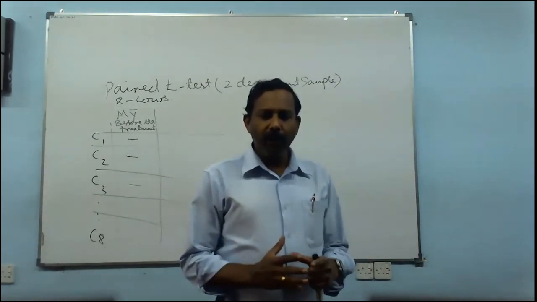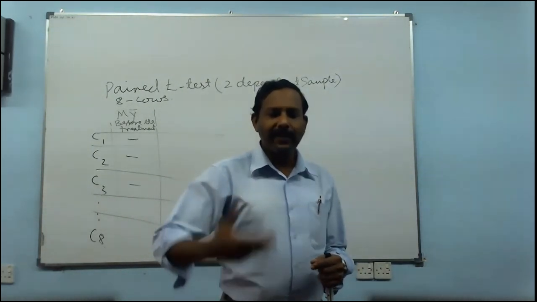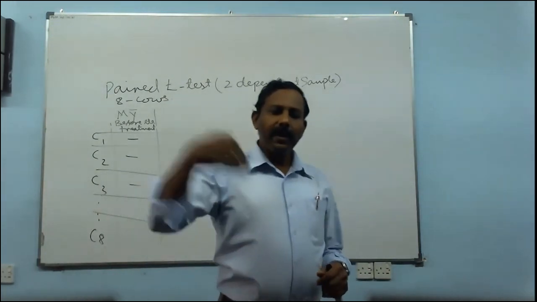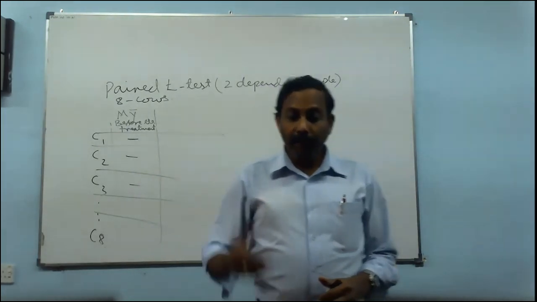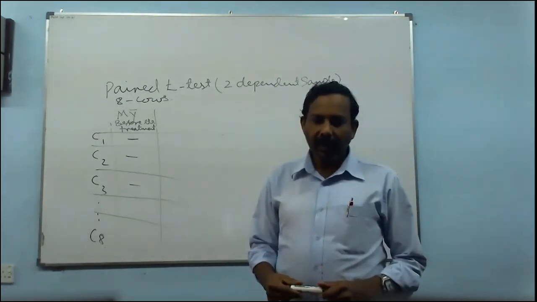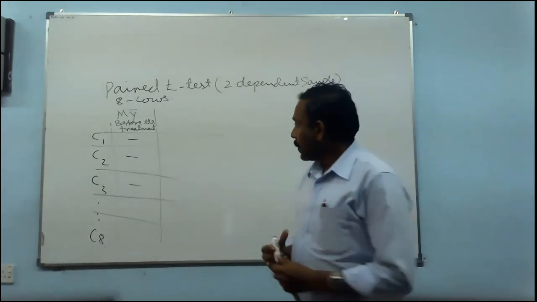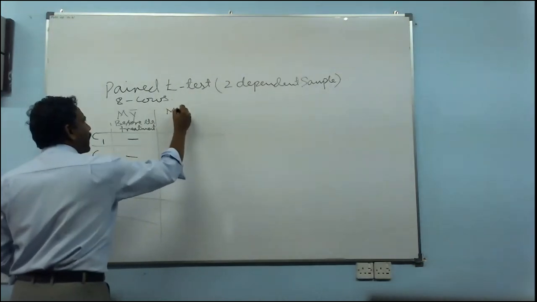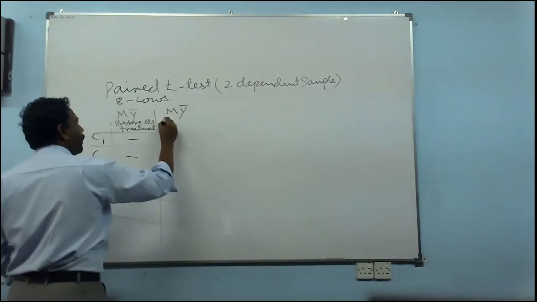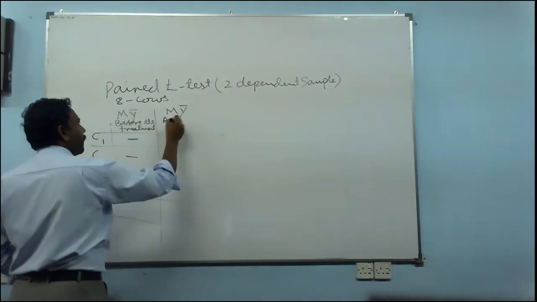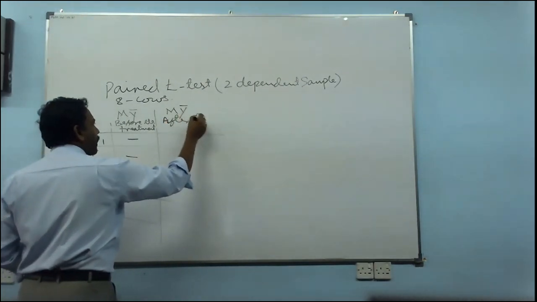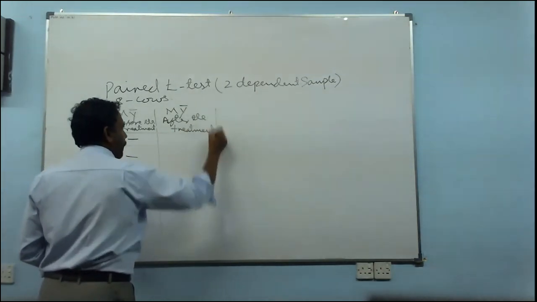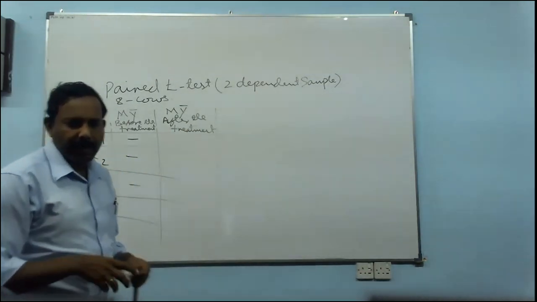No, we'll have to give the hormone for 2-3 days continuously. Then after, let's say 1 week, we do the measurement again from the same cow. So now, again, I'm measuring the milk yield one week after the treatment.